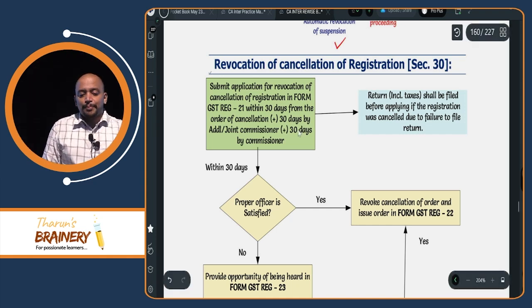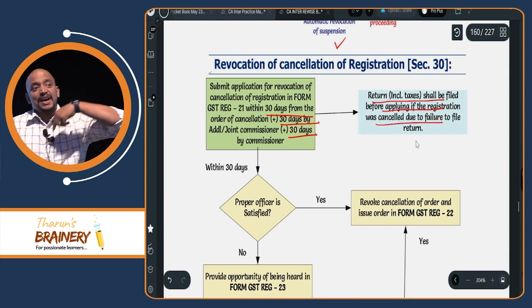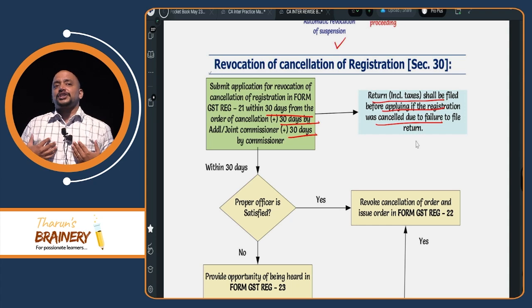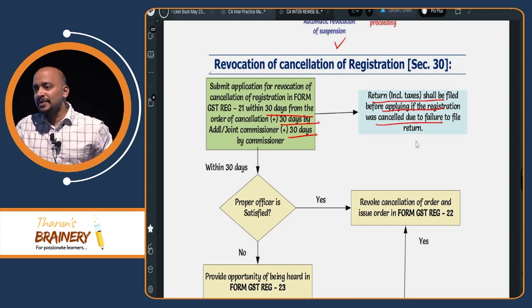So, submit application for revocation of cancellation within 30 days from the order of cancellation. This 30 days can be extended for a further period of 30 days by additional or joint commissioner, further 30 days by commissioner. So, by that time, if I make application for revocation and file all the returns up to the date of cancellation, then my registration will be revoked, which means I can continue in the registration. Is it clear?